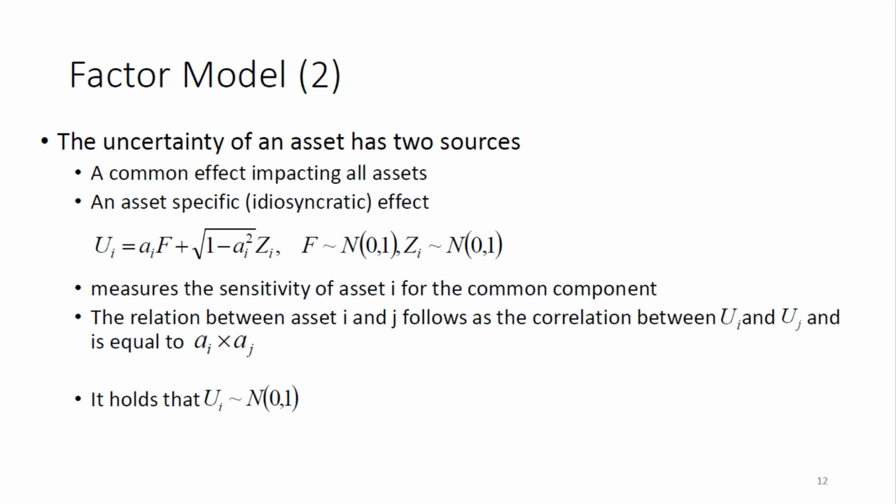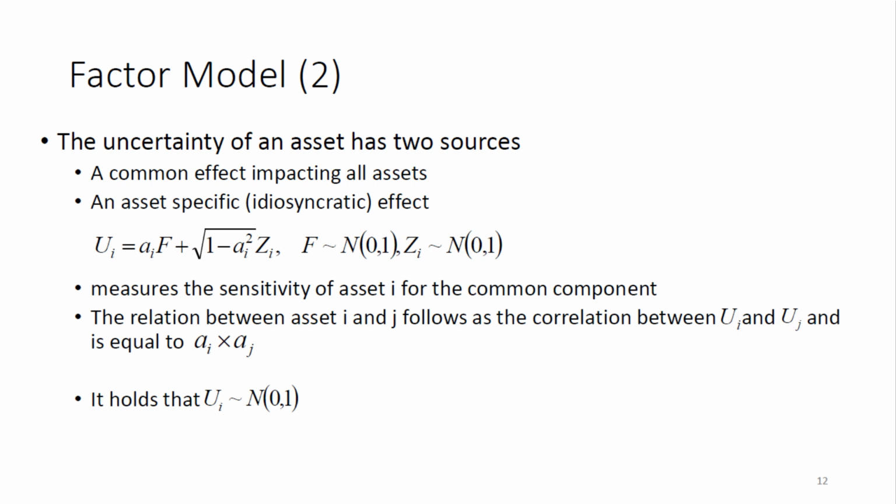An asset with a low AI is convenient for a bank because there's only idiosyncratic risk, firm-specific risk. There is no joint movement that may occur between this asset and other assets. So from a portfolio perspective, this asset is uncorrelated with the other assets, which is convenient. More formally, if you have to determine the correlation between two assets in the portfolio, you have to look at the correlation between UI and UJ.